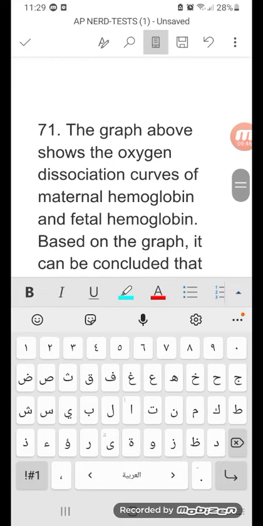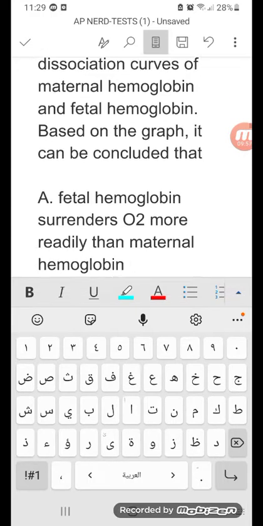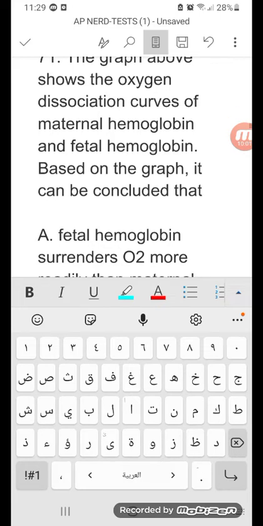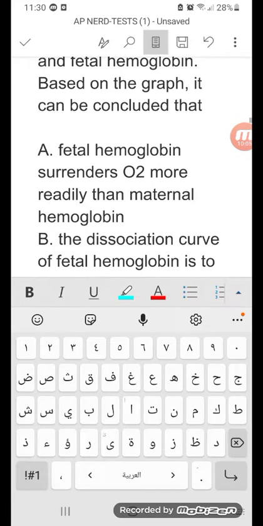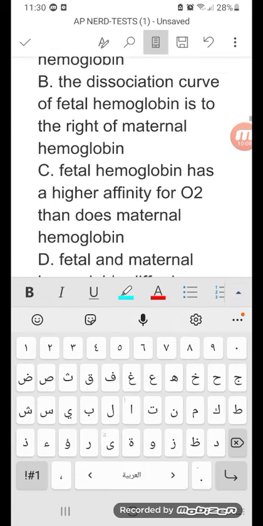The graph above shows the oxygen dissociation curve of maternal hemoglobin and fetal hemoglobin. Based on the graph, it can be concluded that fetal hemoglobin surrenders O2 more readily. The dissociation curve of fetal hemoglobin is to the right.